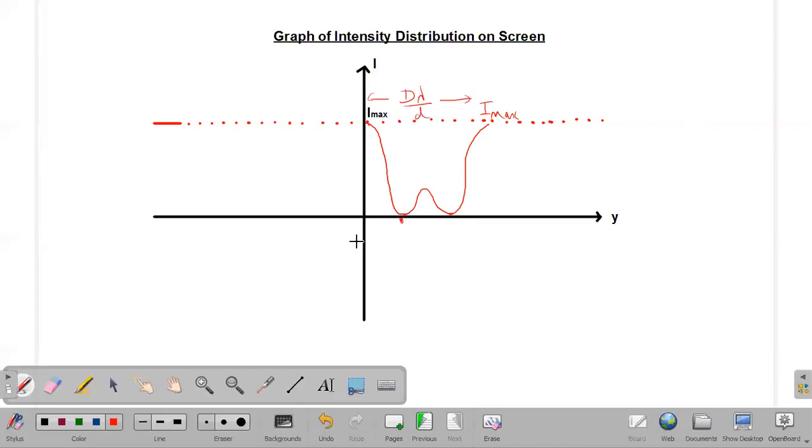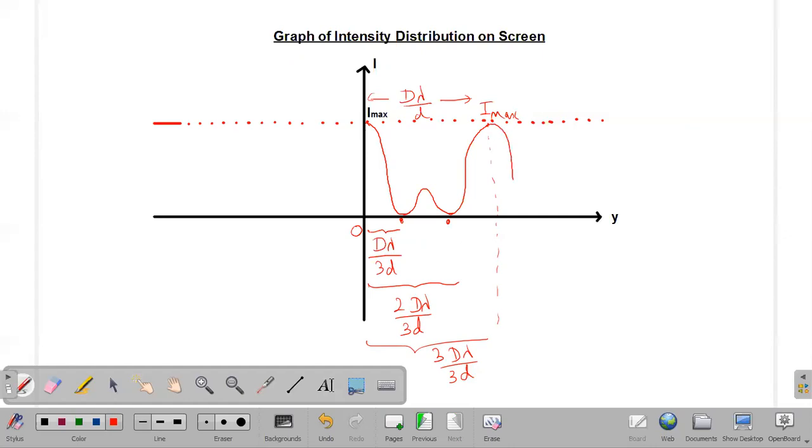But the first point where the intensity is 0 is D lambda over 3d. And then the second point where intensity is 0 is at a distance of 2D lambda over 3d. And then intensity is maximum at a distance of 3D lambda over 3d.